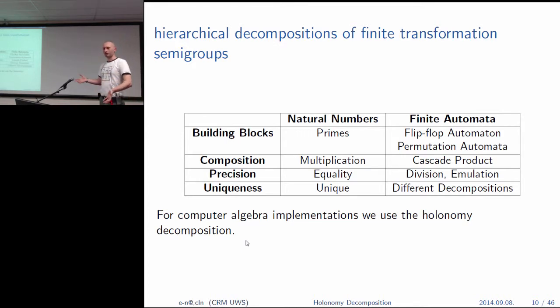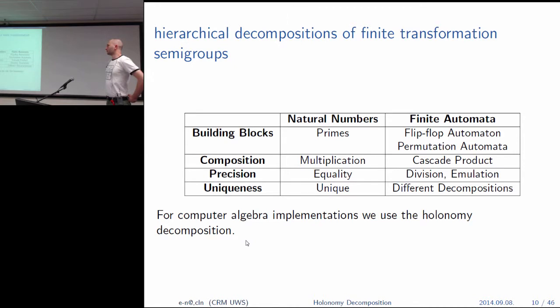And if you know group theory, of course, you want to go for the simple groups, not just any groups. For the natural numbers, you just multiply the numbers together. While for finite state automata, you need to use quite elaborate algebraic constructions called the cascade product, or with another name you may be more familiar with, it's the Krohn-Rhodes product, substructures of the Rhodes product.